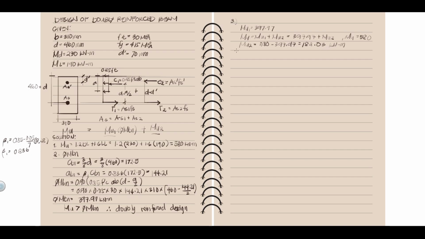Alright. So, next, after getting MU2, check muna natin if mag-yield yung mga bakal natin. So, unang-una, we check our FY.